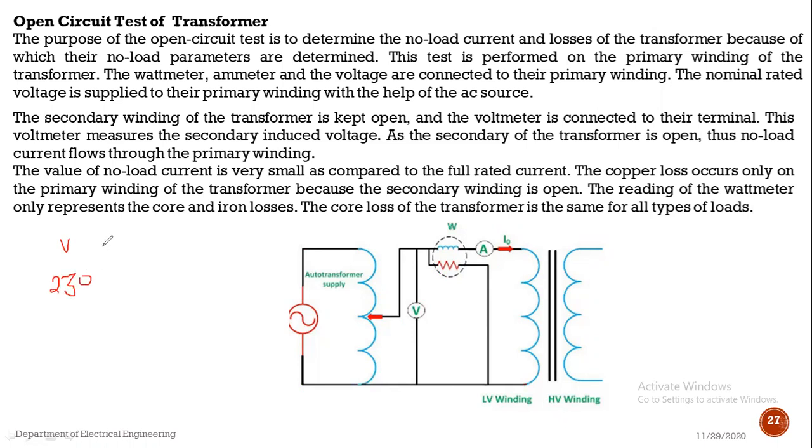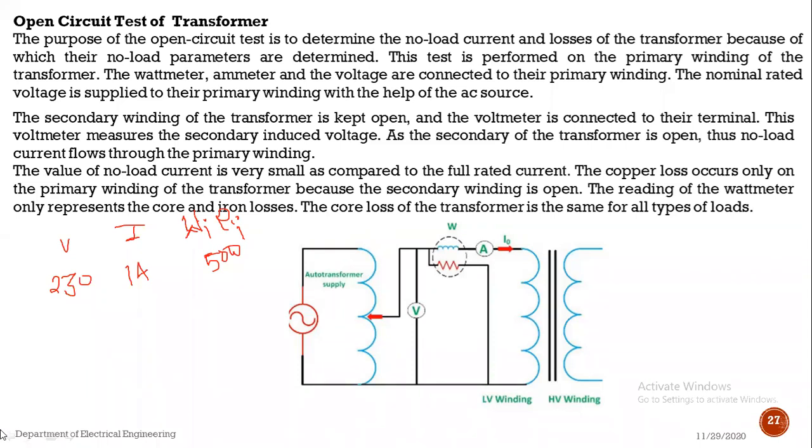The ammeter reads the current I, which is nothing but 1 ampere, and the wattmeter reads the power taken from the supply at no load condition, that is WI, or we represent it here as PI. PI किंवा WI ने represent करतो आपण. This power is nearly 50 watt. Okay, so these are the readings that can be obtained.